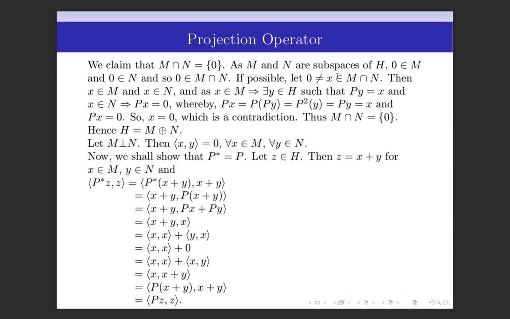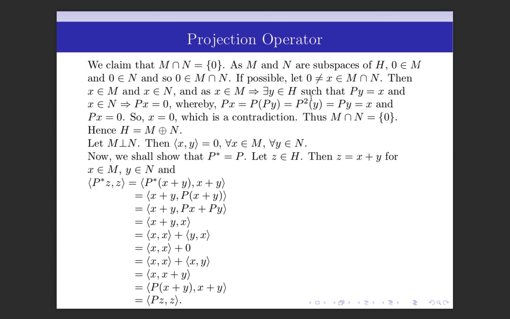As M and N are subspaces of H, the 0 vector belongs to M and the 0 vector also belongs to N, and so the 0 vector belongs to M intersection N. If possible, suppose there exists some non-zero element x in M intersection N. Then x belongs to M and x belongs to N. x belongs to M implies there exists some y in H such that Py is equal to x, since M is the range space.